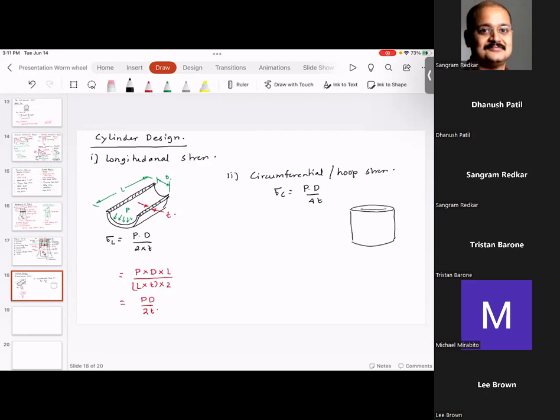So if you now look at the cylinder, and take a cross section here, sigma C is equal to force divided by area, which is P times pi by 4 times D square divided by pi times D times T, that gives you PD by 4T.